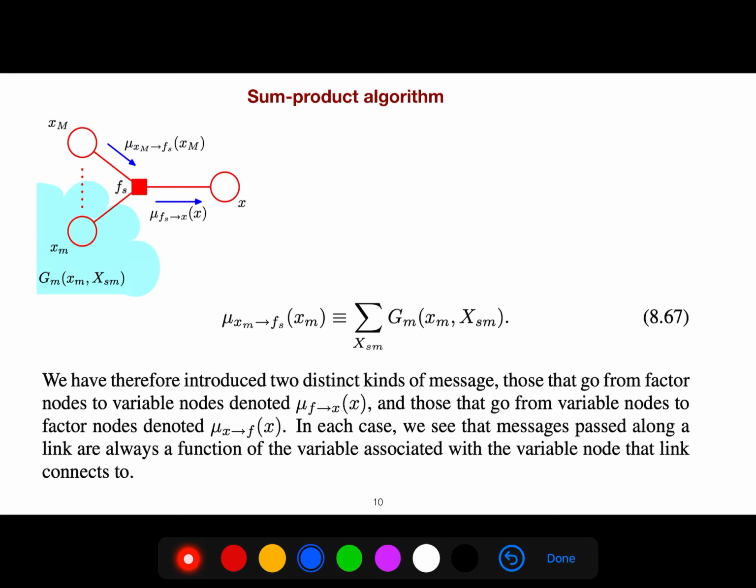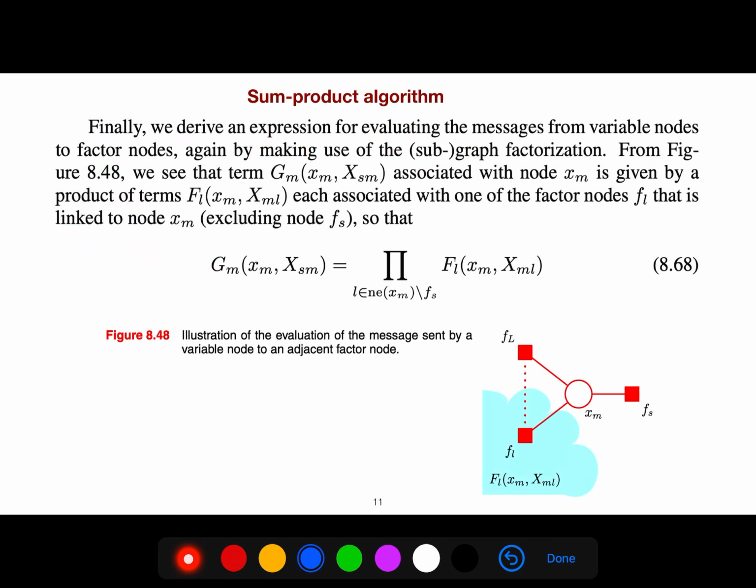So we have two distinct kinds of messages. Those that go from factor nodes to variable nodes, like this, and those that go from variable nodes to factor nodes, like this. In each case, we see that messages passed along a link are always a function of the variable associated with the variable node that the link connects to.